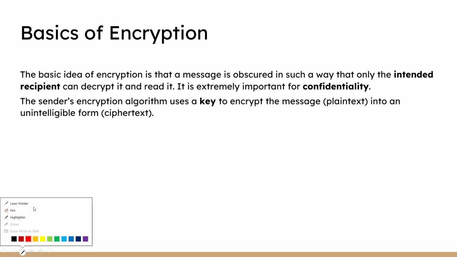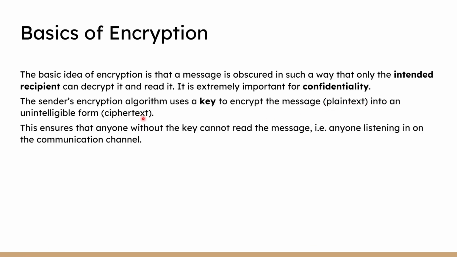Actually, I should turn on the laser pointer. That means anyone without the key cannot read the message, because you need the key to decrypt it as well. So anyone listening in who doesn't have the key can't decrypt and read it.